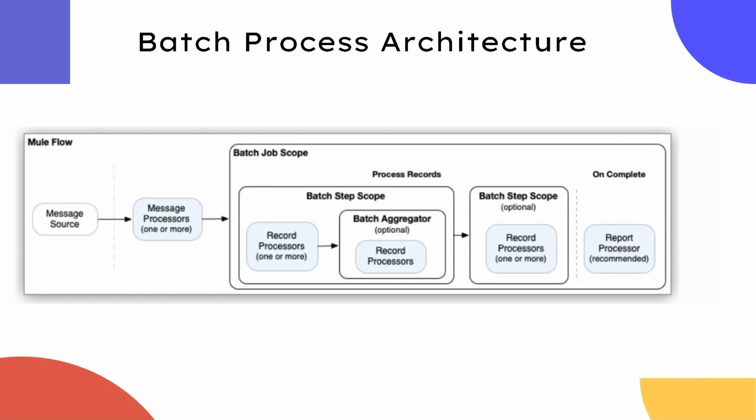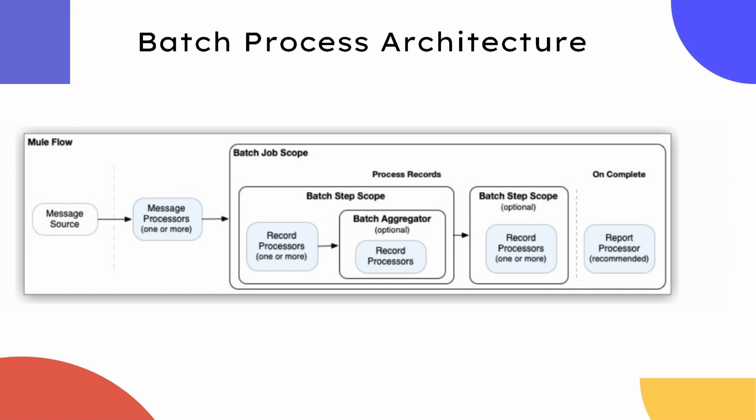So guys, this is the batch process architecture. From this diagram you can clearly see we have a message source from where we receive the messages, records, and after that there's a message processor where you can apply any logic.